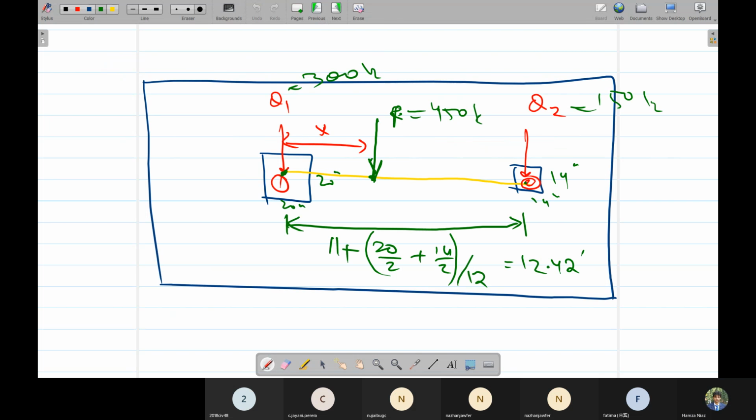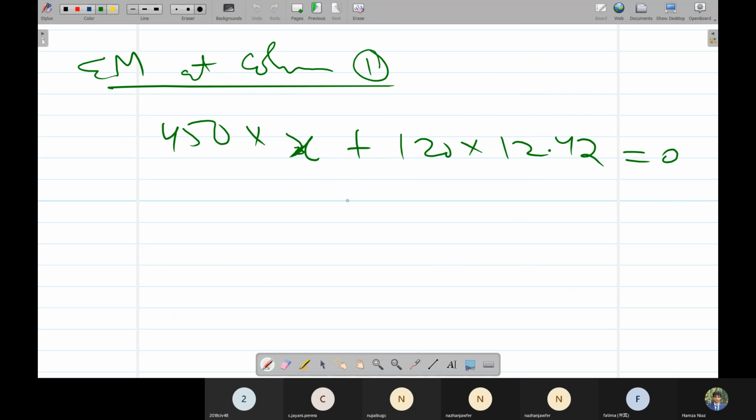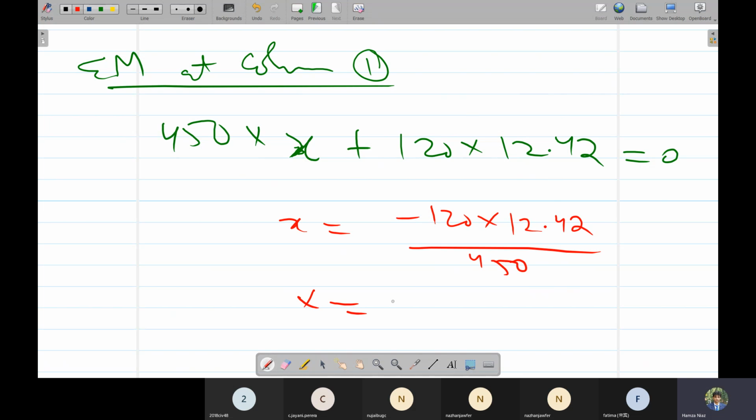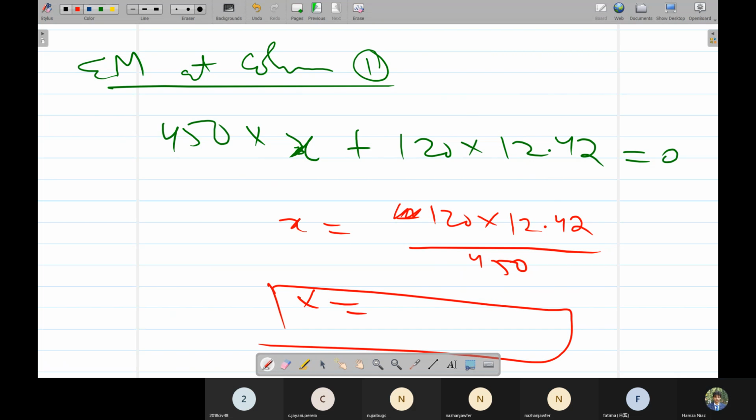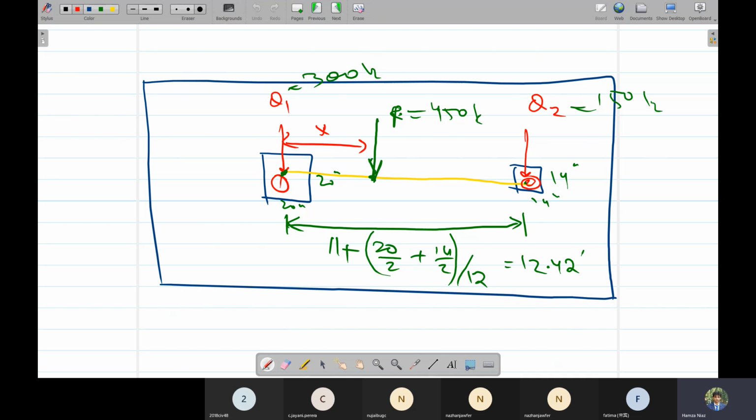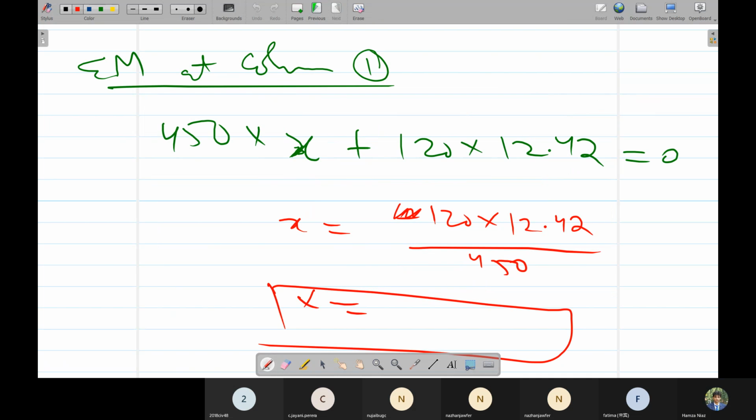We have these two loads, so simply calculate x from here. X would be minus 150 times 12.42 divided by 450. Ignore the negative sign, because it just shows that the resultant is not acting downwards but actually in this direction.